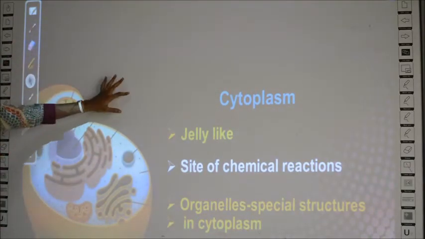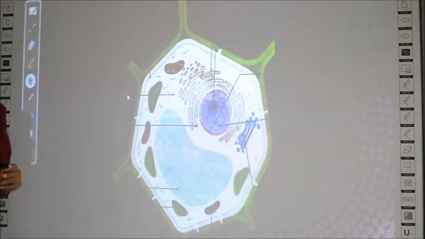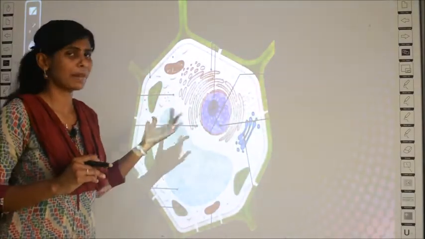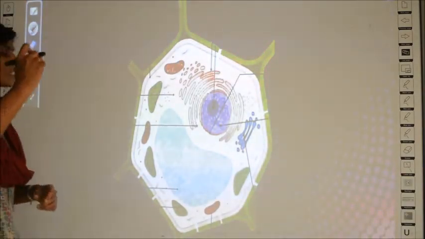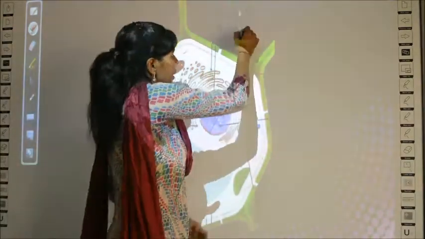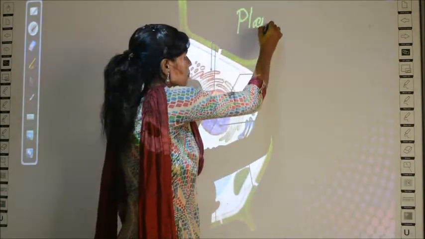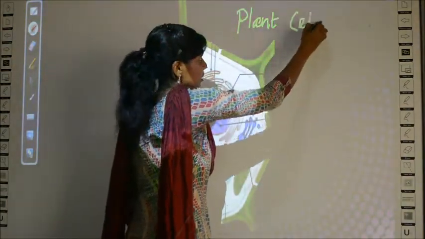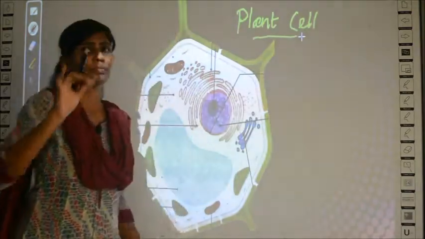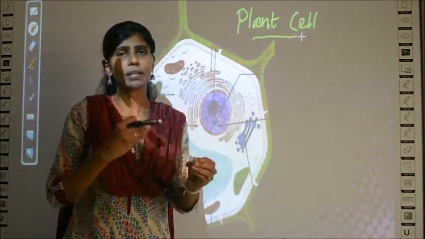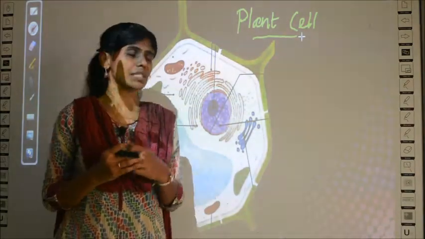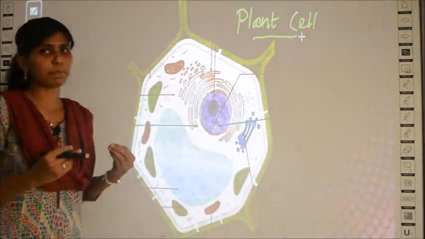Next slide, I will teach you how to identify the parts of a plant cell. This is the structure of a plant cell. Okay, how will you identify which is a plant cell and which is an animal cell? When a picture of a cell is given, you should know to identify first whether it is a plant cell or animal cell. There is one simple trick.